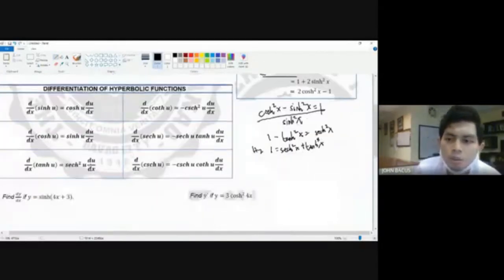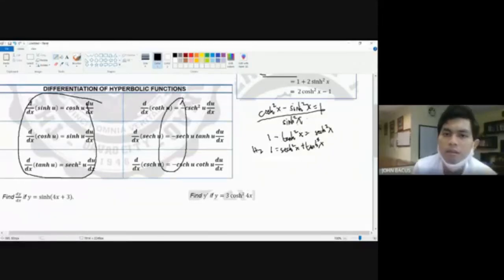Now, let's go with the differentiation of hyperbolic functions. What we remember is that all on one side are positive and all on the other side are negative.